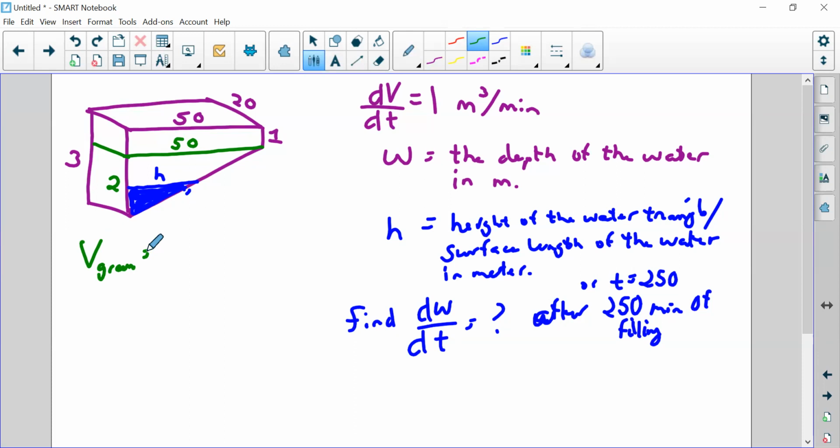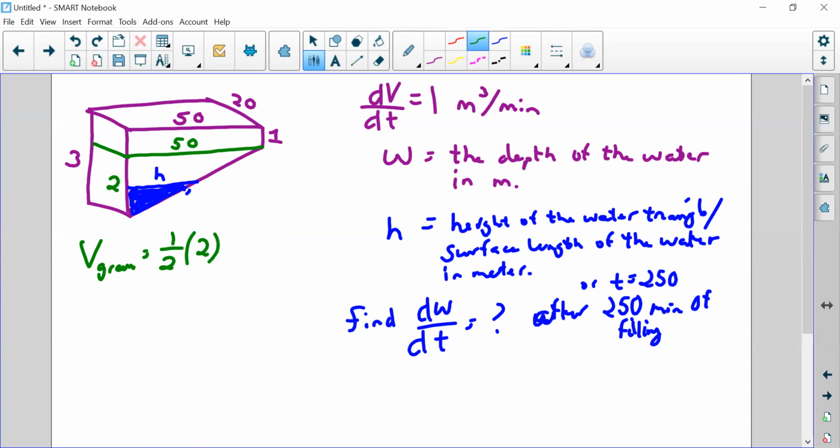So anytime you want to do a volume of a prism shape, you do the area of the face. So we find the area of a triangle. How do I find the area of the triangle? Base times... So 1/2, what's the base of the green? 50, and the height? 2.